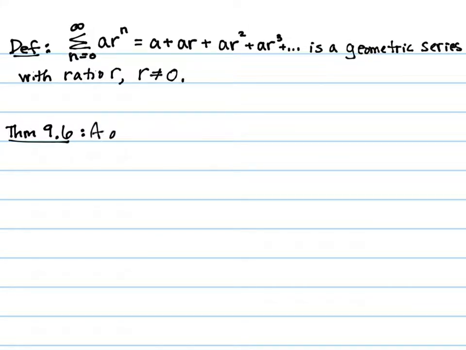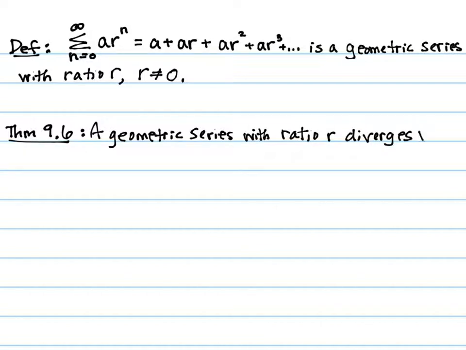So a geometric series with ratio r diverges when the absolute value of r is greater than or equal to 1.